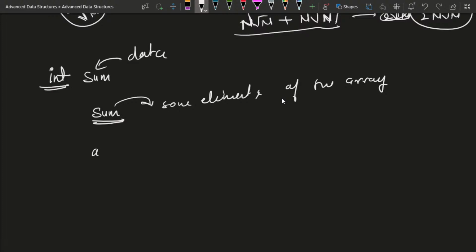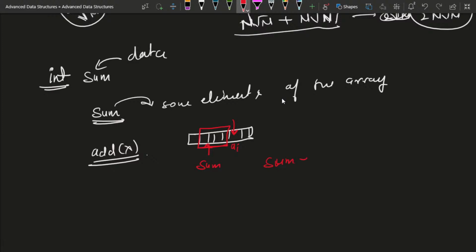Now we can call the add function. Suppose this is the array and the sum is storing the sum of this particular portion. If we want to add this element also, say it is a of i, we can just do sum plus equals a of i, and this is my add function.